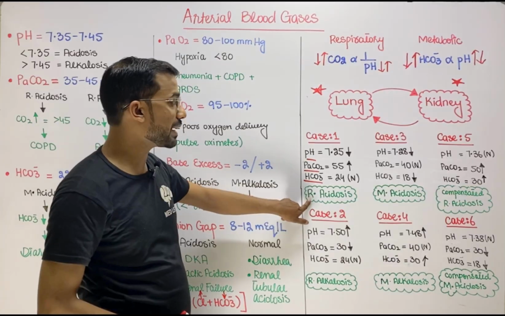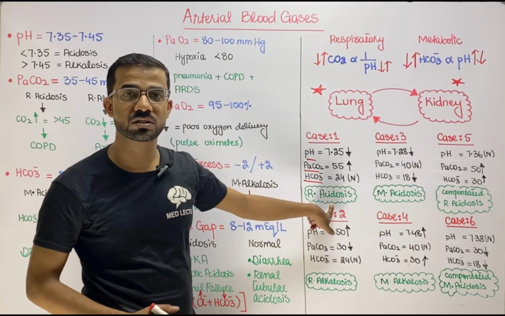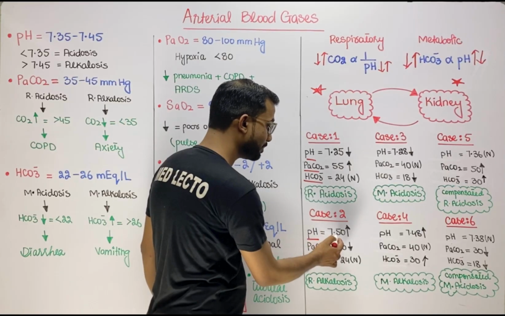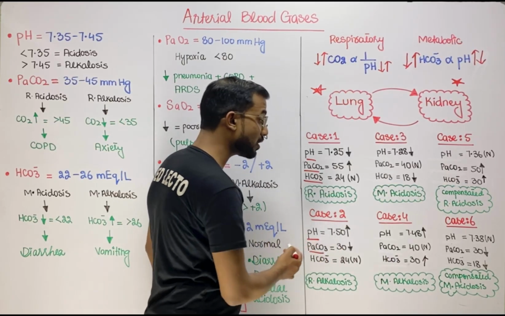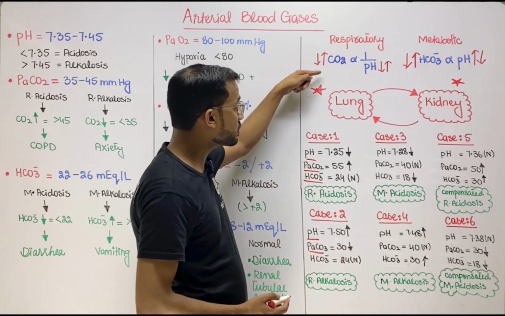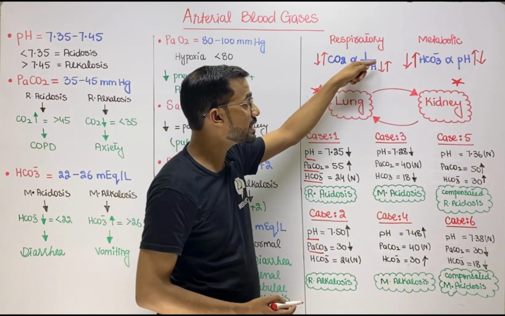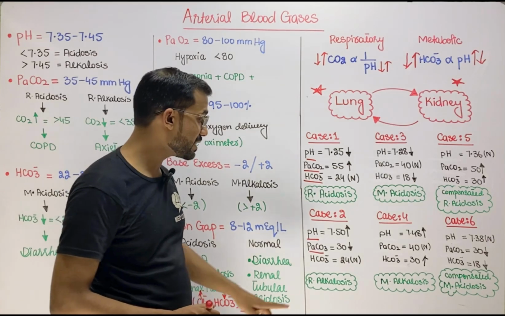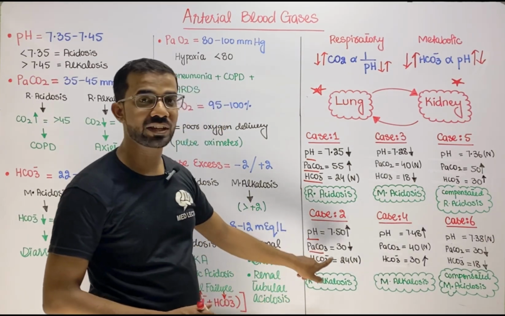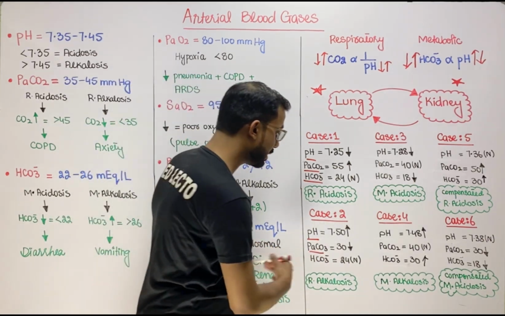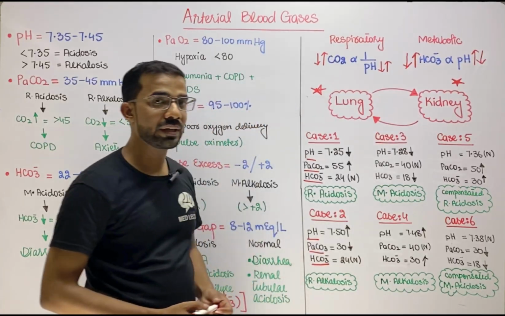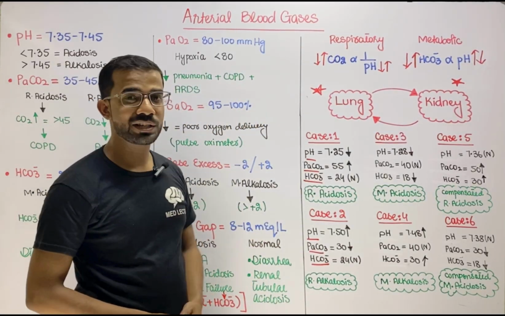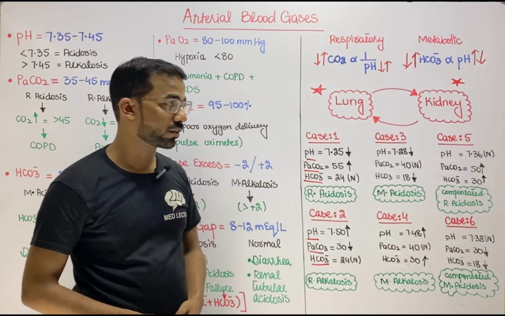So that is respiratory acidosis due to the increased concentration of carbon dioxide. The second case is the pH is high and carbon dioxide is low. Low concentration of carbon dioxide increases the pH, and increased pH will be alkalosis, and this is respiratory alkalosis due to the variation in carbon dioxide, and the bicarbonate ion will be normal in that case. So these are the two conditions of respiratory acidosis and alkalosis.